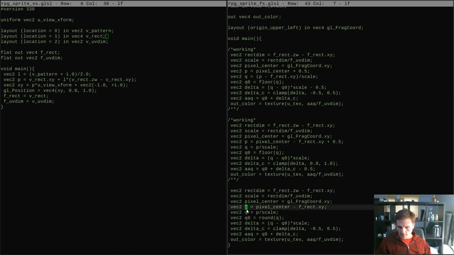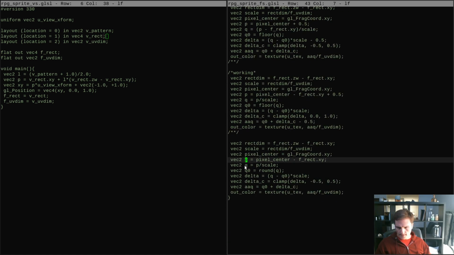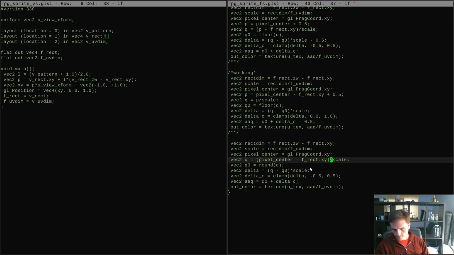My logic is I've got P, which is the center of a pixel. I want to just do that. I get the nearest integer. I get the difference.